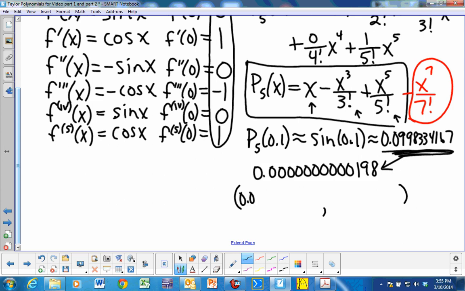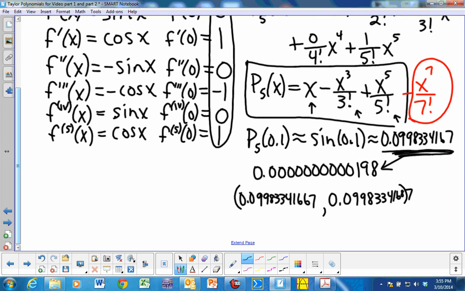And if you do that in your calculator, this is what you're going to get on each side. So that's taking that error and adding and subtracting it to that estimation that we got. So we know that somewhere in there is the actual value.